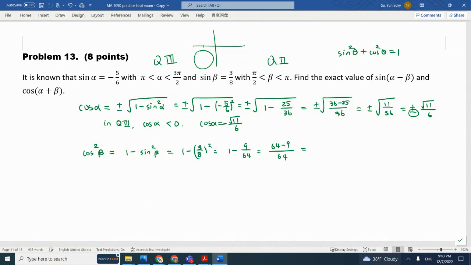So 64 minus 9 is 55, right? Then cosine beta is plus or minus the square root of 55 over 64, and the square root of 64 is 8. Which one? Beta is in quadrant 2, where cosine is negative. So we pick the negative.